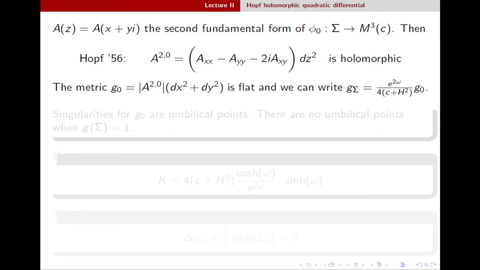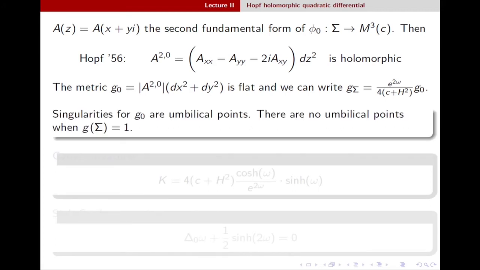And it turns out that when your surface has genus 1, then there are no umbilical points. And so for tori, you have a very well-defined flat metric there that you can construct using the norm of the second fundamental form. And this has been useful in other problems in geometric analysis.